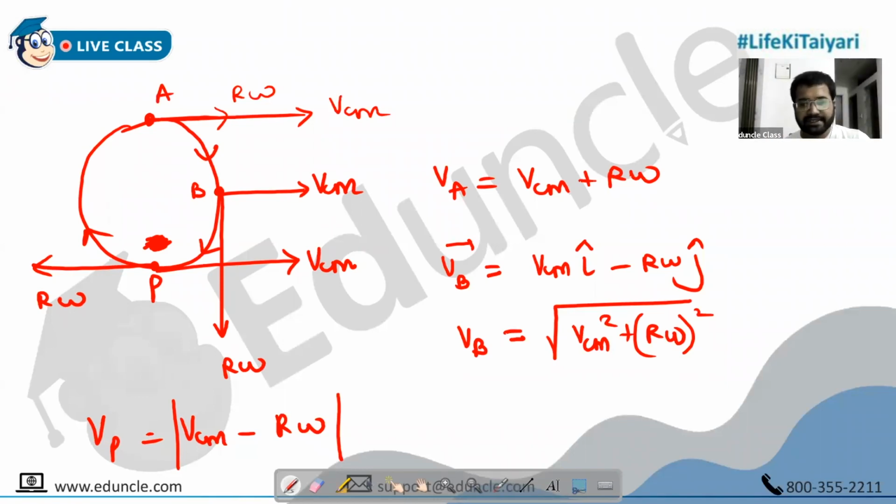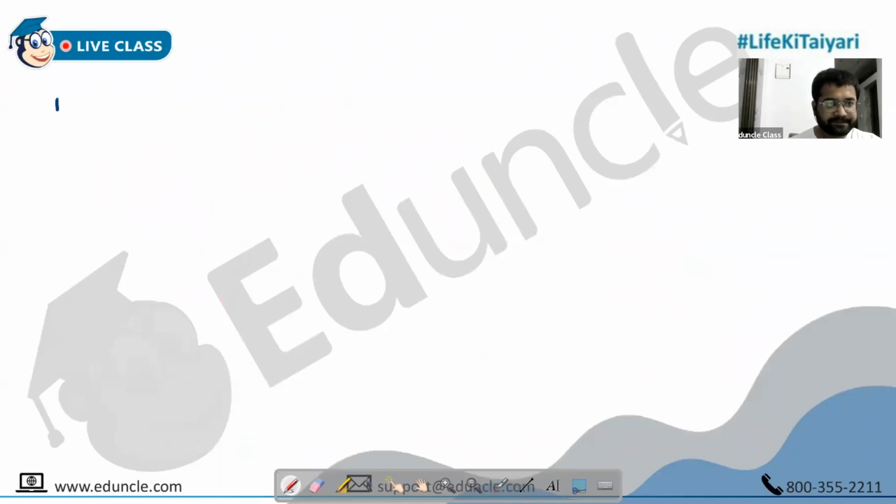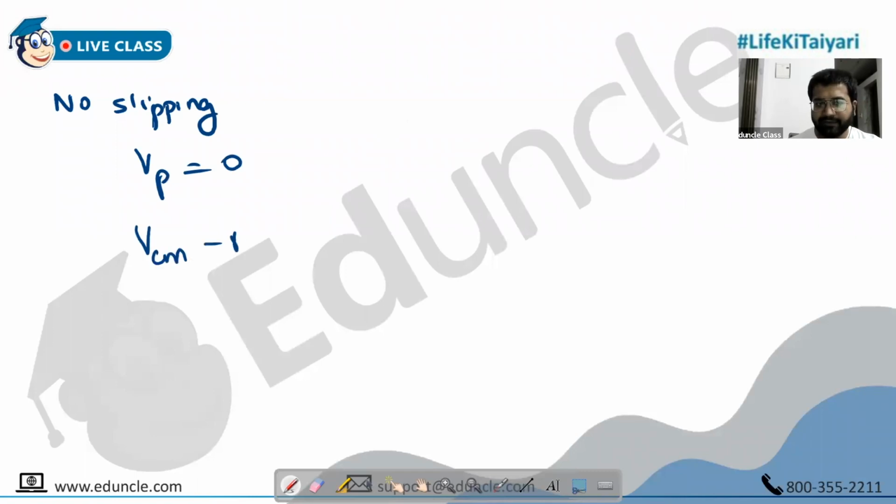So now let's learn the cases. First, obviously, you already know what happens in the no slipping case. In the no slipping case, the point of contact is at instantaneous rest. VP is basically 0. VCM minus r omega, or r omega minus VCM, is 0. Or basically, you can say VCM becomes equal to r omega. Simple.